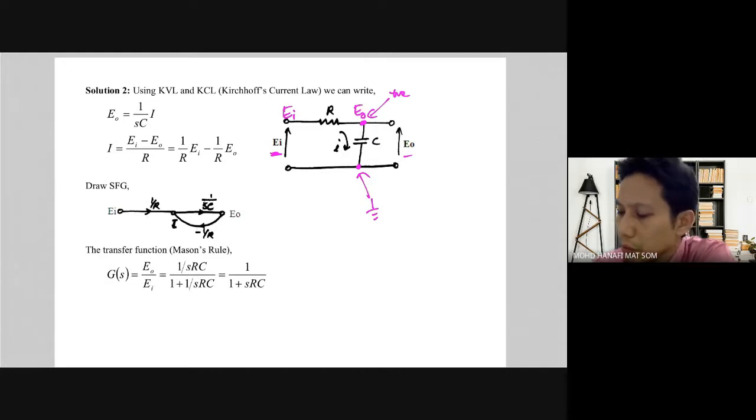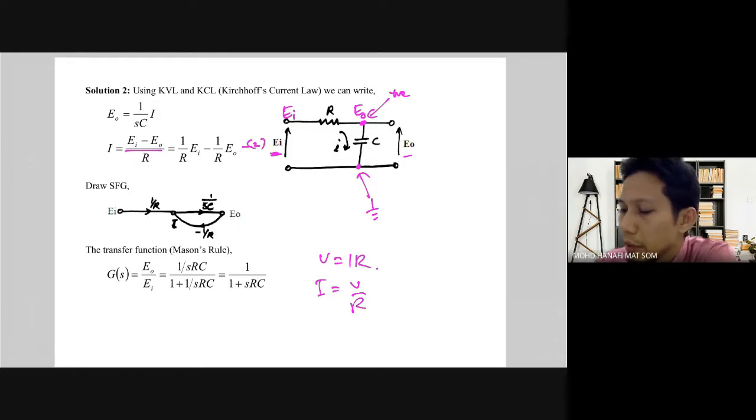So for the difference between these 2 potentials, EI and E naught, we can use KCL. So we can say I is EI minus E naught over R. Remember V equals IR, so I is equal to V over R. So this gives us term number 2.